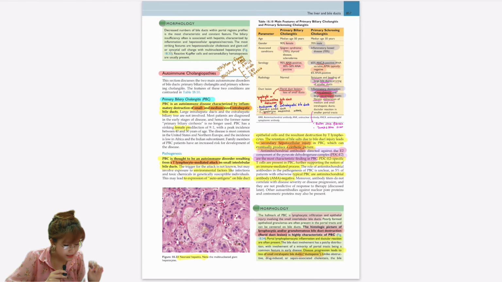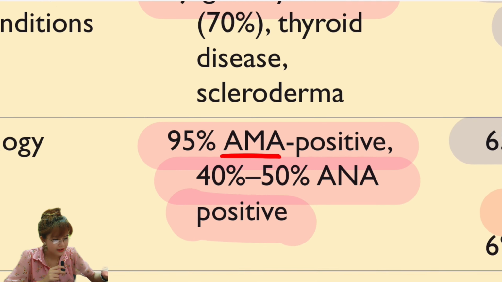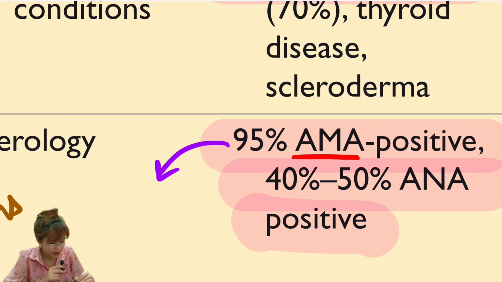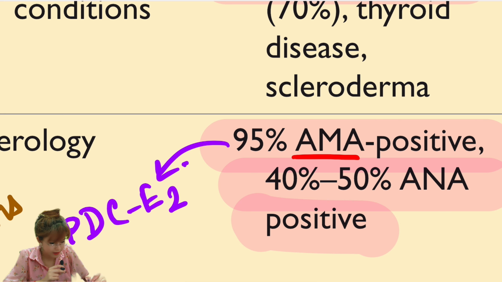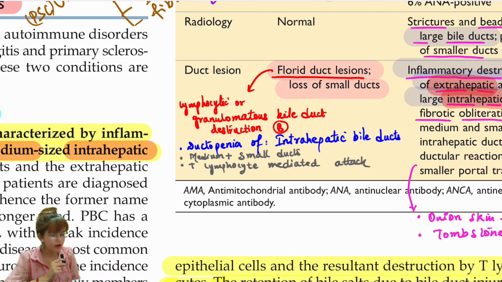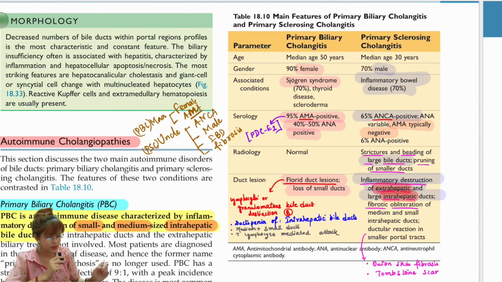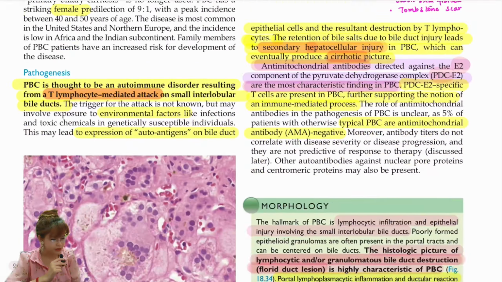The next point is that the anti-mitochondrial antibodies are directed against what? So this is basically directed against the pyruvate dehydrogenase complex, the E2 component of that. So I have kind of tried to put all these things in one particular place. I hope that you are able to understand this.